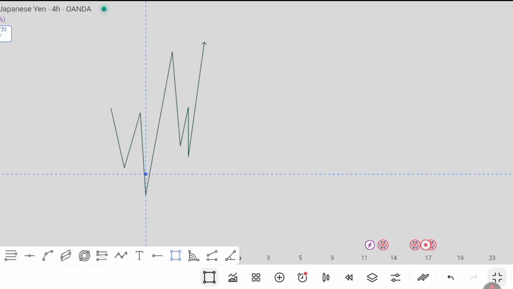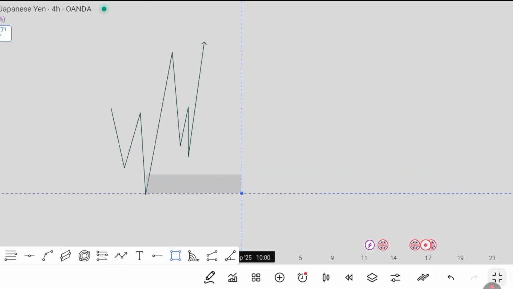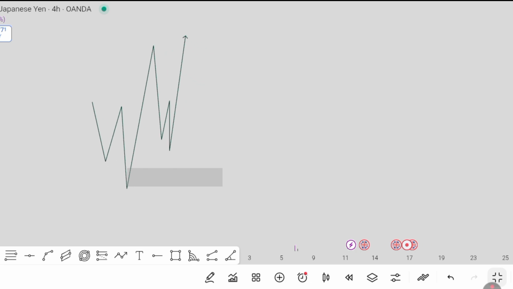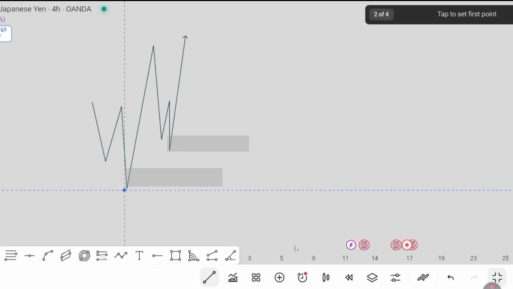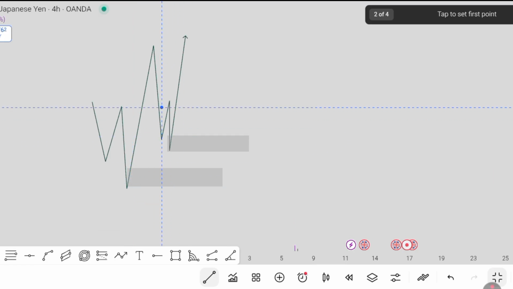Around here we have this other block right here, which we're expecting this market to come tap. And also here we have the same other block. And not only the same, but if you look at this very well, you notice we had the same structure here. This structure here is the same structure as this one. We have this sweep, we have this break of structure, which makes this low a strong low or a protected low. And we also have the same formation here.